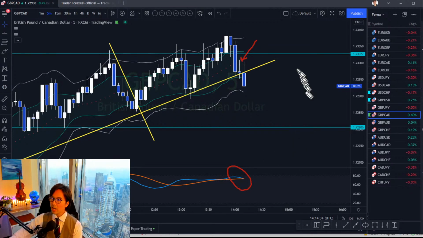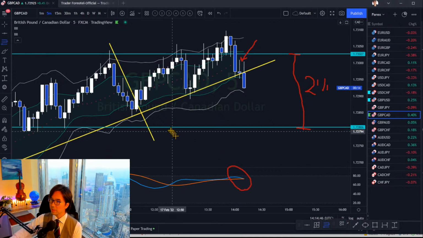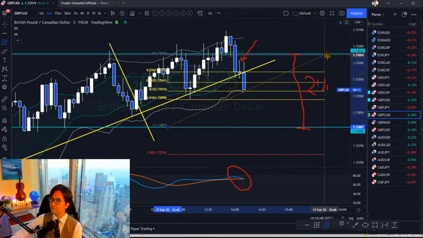So this time I'm taking 2% risk to the stop loss. And if I exit here, that will be 1% drawdown, which is very small.